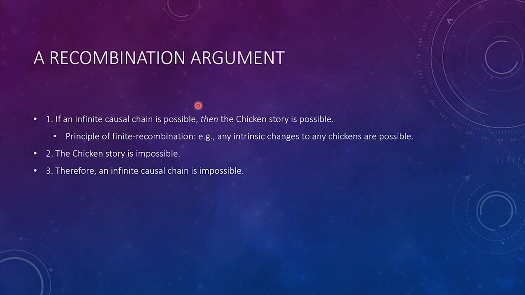Now we see that the only way for there to be an infinite causal chain is if none of these relevant recombination principles are true. Now again, I don't want to be too bold here in my conclusions. Instead, all I want to do is just invite you to consider the argument from your own perspective.